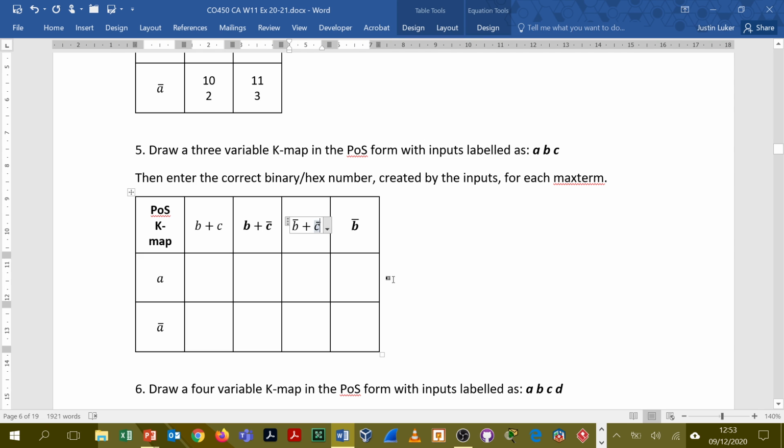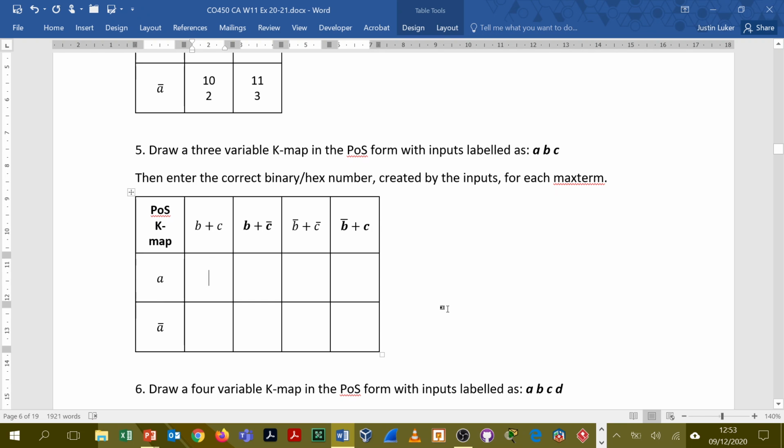Paper and pencil, so much quicker. So not B or C. And then finally, yeah, not B or C. There we go. That's it. That's the combination that we need.